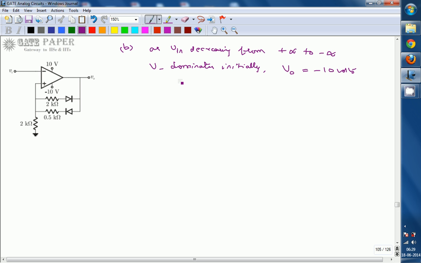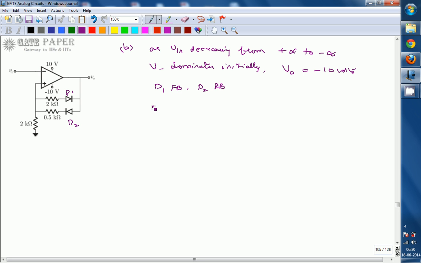This V0 equal to minus 10 volts is connected to both diode 1 and diode 2. But the diode 1 N side is connected to a negative voltage, whereas the diode 2 positive side is connected to the negative voltage. That makes D1 forward biased and D2 reverse biased. So the circuit is such that D1 is forward biased and the 2 kilo ohms comes into existence. The 0.5 kilo ohms will not come into existence, because that diode is reverse biased and acts as an open circuit.